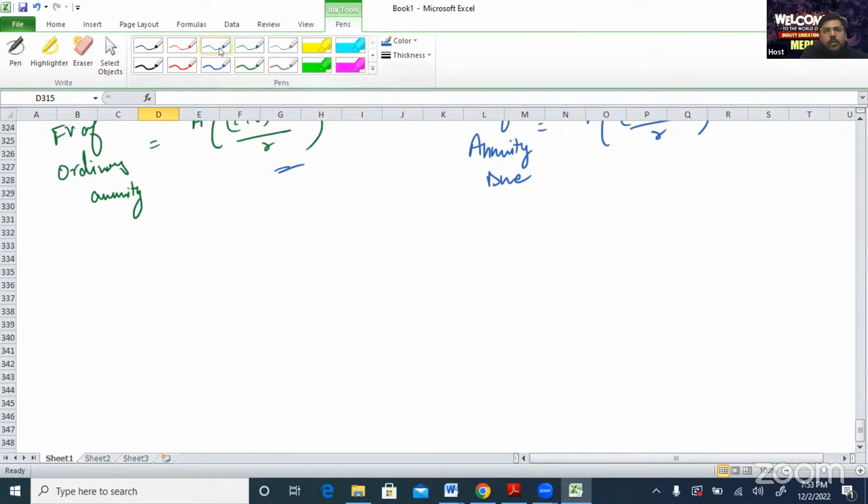Okay. So now let me understand the concept of present value of annuity. Again, we can have present value of annuity due, or we can have present value of ordinary annuity.